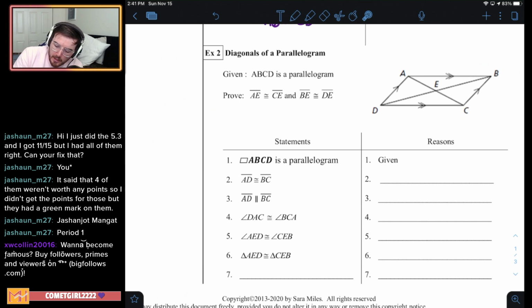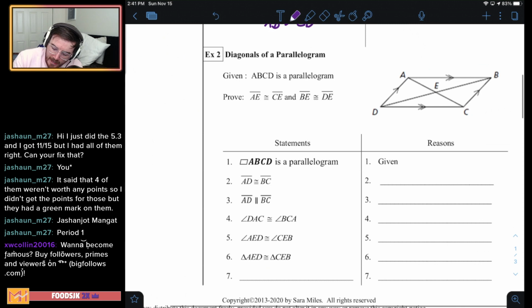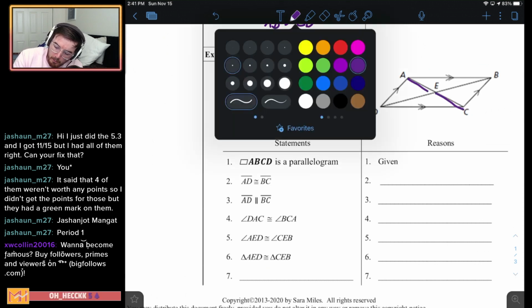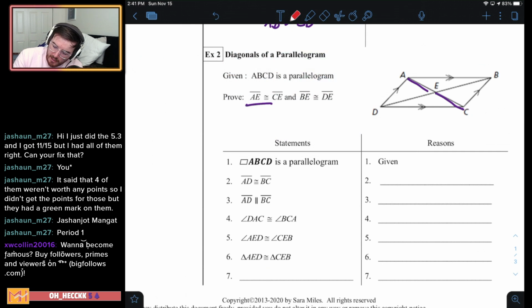So what are we trying to prove? We're trying to prove that the diagonals bisect each other. You see that? That's another fact that we already know, but we're trying to prove it. We're trying to show that this half is the same as that half.